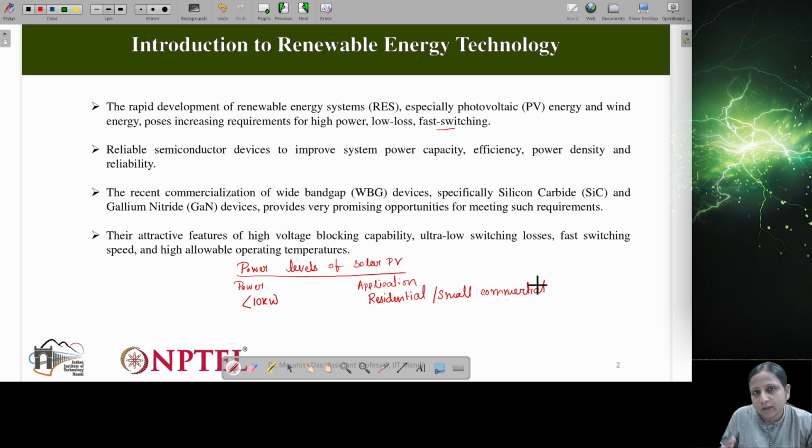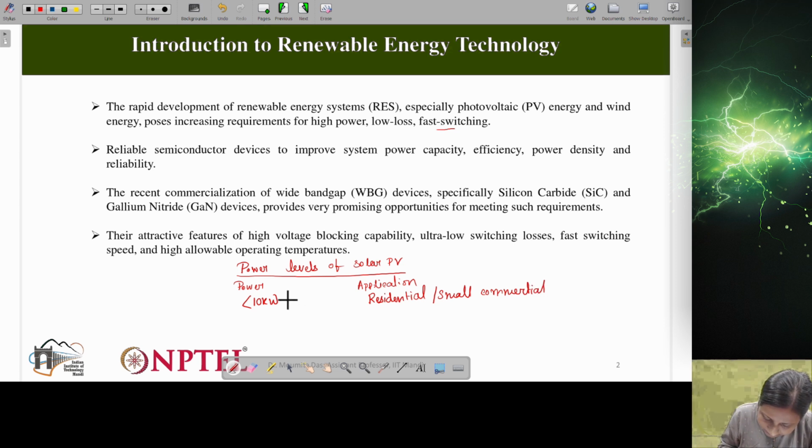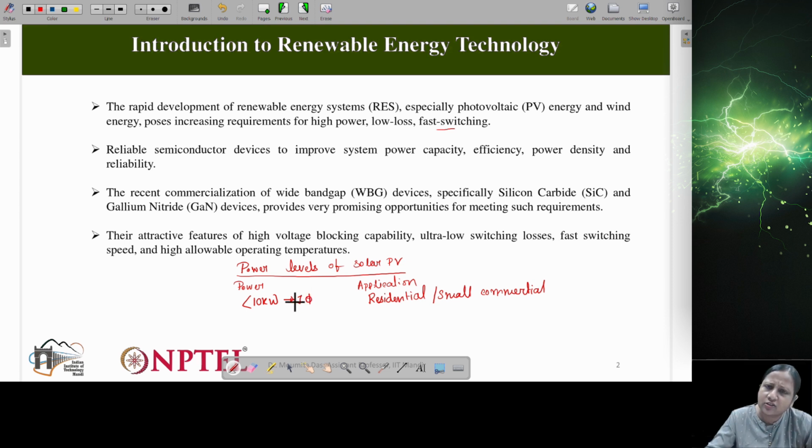Now this power level can be more than 10 kilowatts. When we are considering 10 kilowatts, it is basically connected to a single phase inverter, or a split phase inverter kind of application.